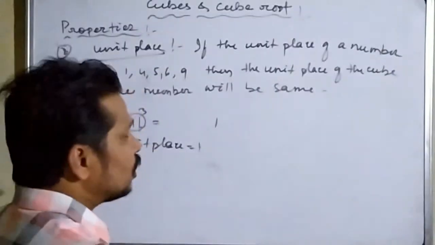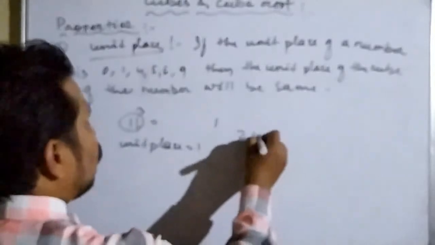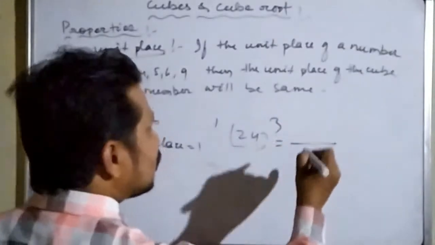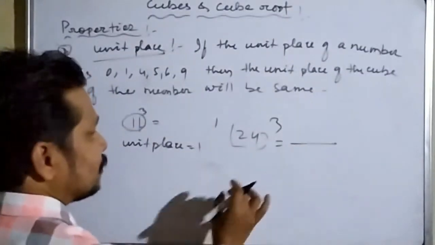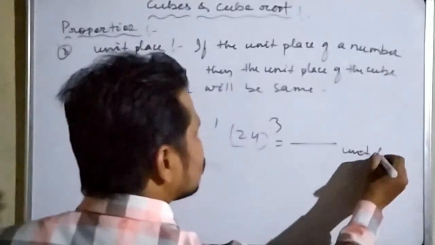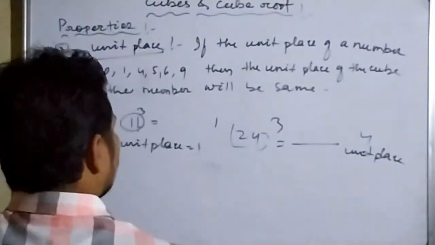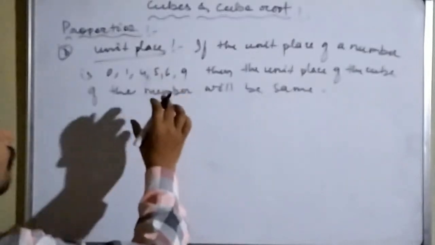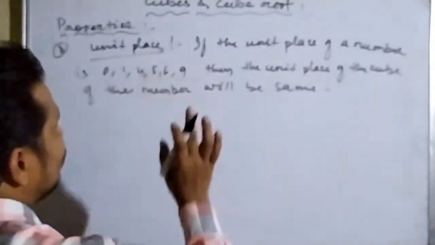Similarly, if we find the cube of 24, we don't know what digits are at the 10th, 100 and 1000 place, but the unit place will definitely be 4. So in this way you can find the unit place of a number having unit place 0, 1, 4, 5, 6 and 9.